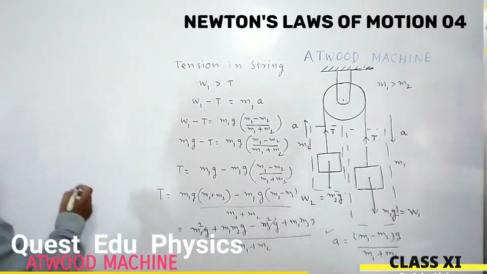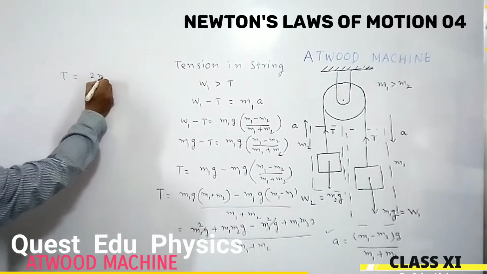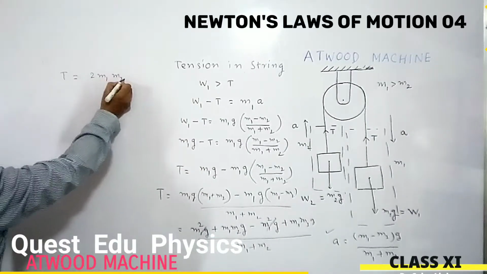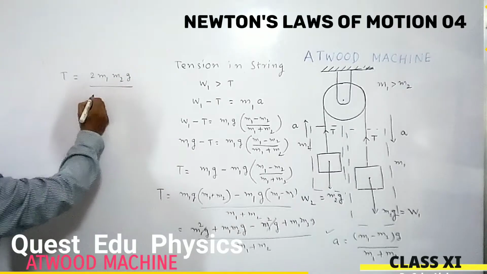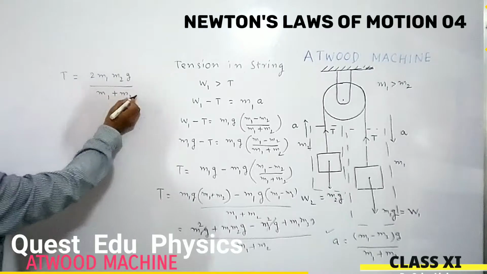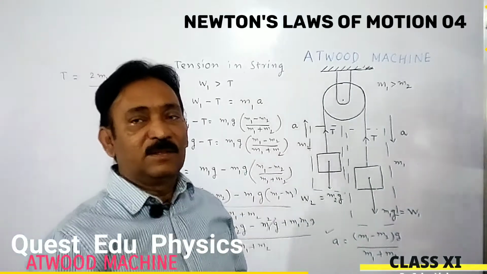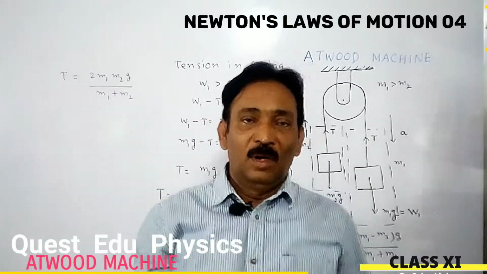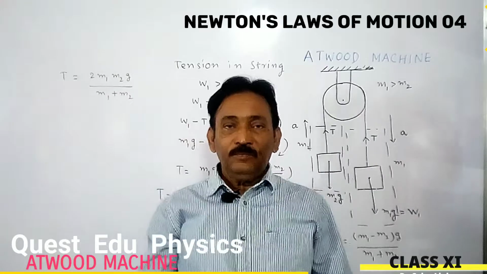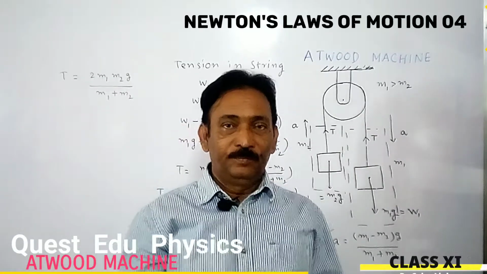And finally we get tension T is equal to 2M1 M2G by M1 plus M2. Okay? These are the tensions and accelerations in the string in case of an Atwood machine.